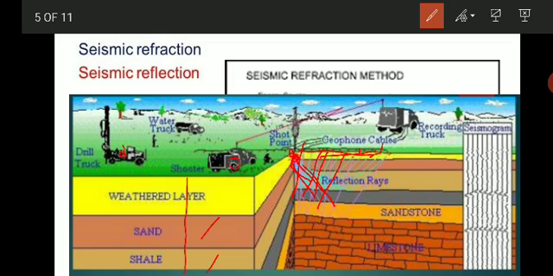The geophone cables are attached, and the geophones record the seismic wave travel time. So like this you will get the graphs. From this graph you can find out the time taken for the wave to travel from the source to the receiving station, that is, the geophones.